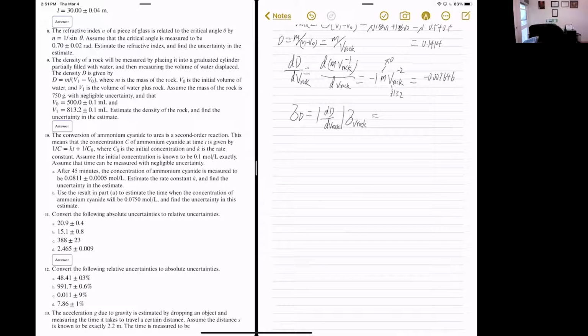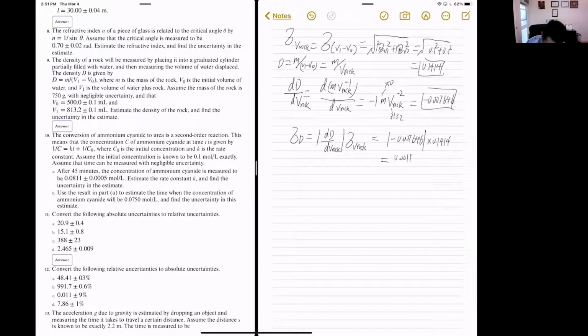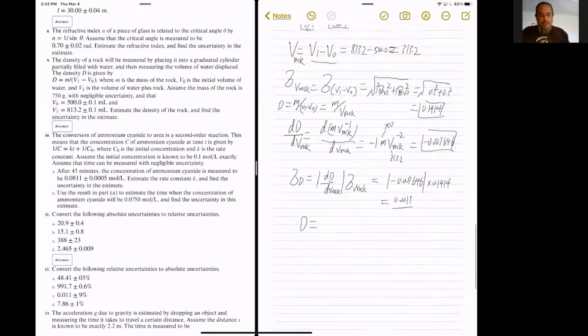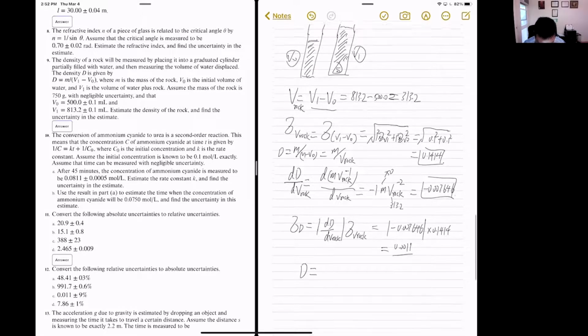The first part is this 0.007646, and sigma V rock is also calculated here, 0.1414. So it turns out sigma D is 0.0011. So we can express D finally as, where is D? We haven't calculated D yet.